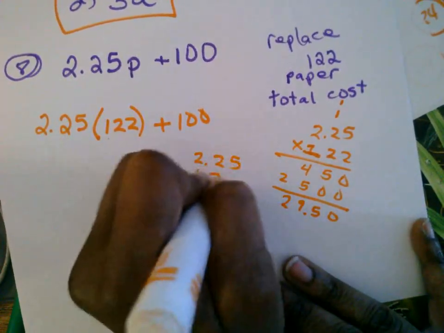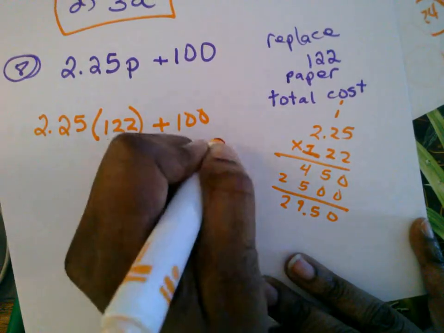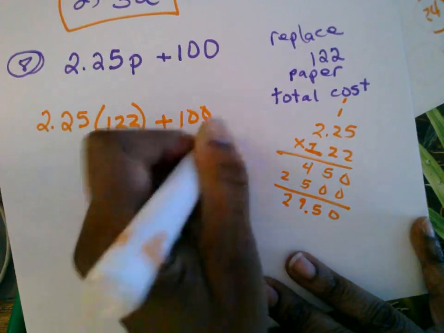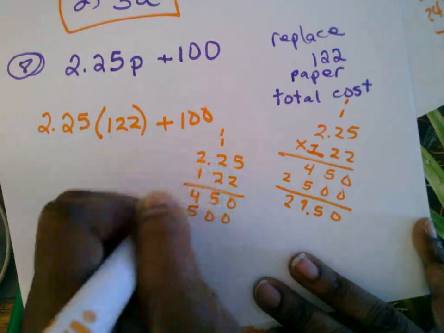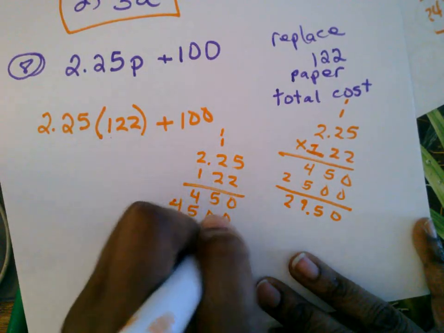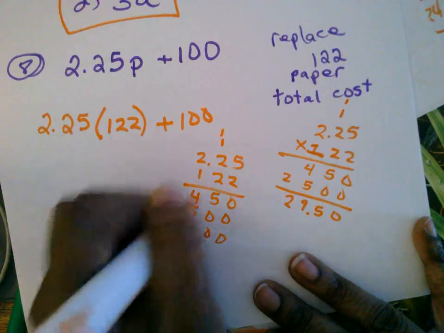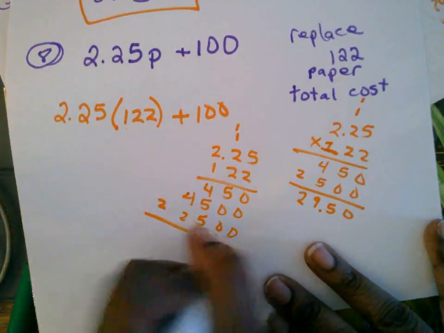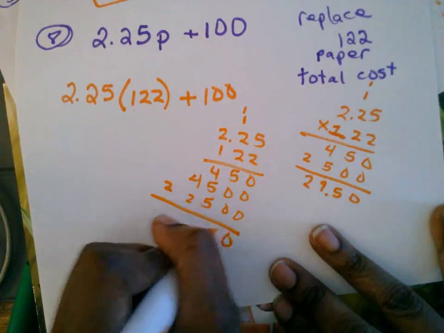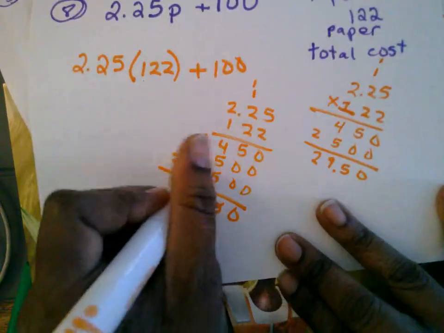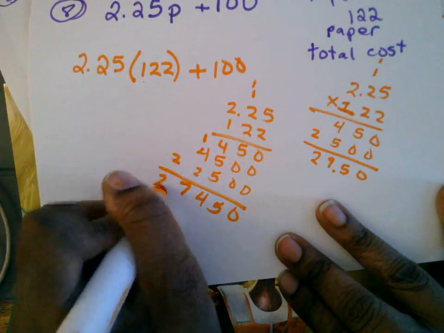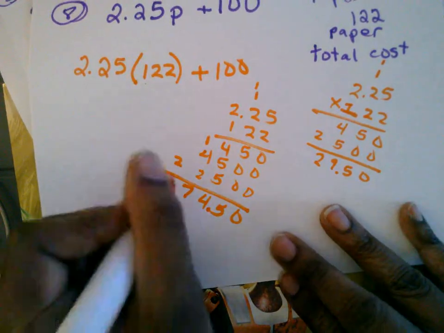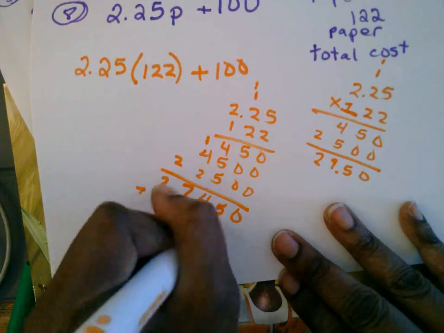Let's do this again, y'all. 0, 5, 4. 0, 0. 5, 2, 2. And then carry a 1. That's better. Plus the $100.